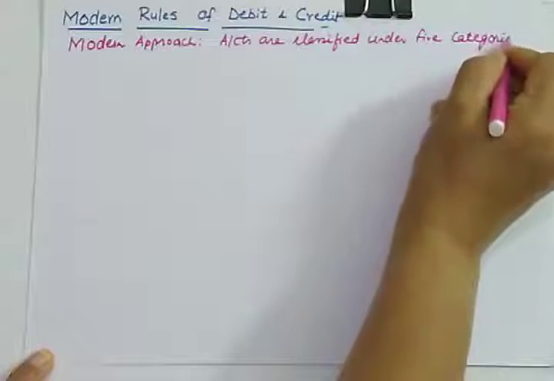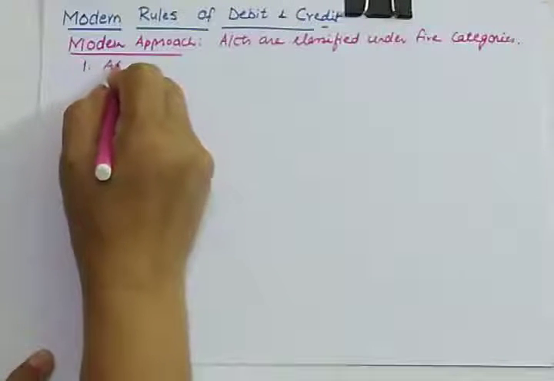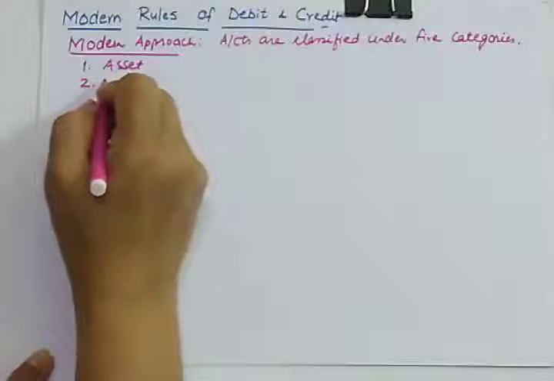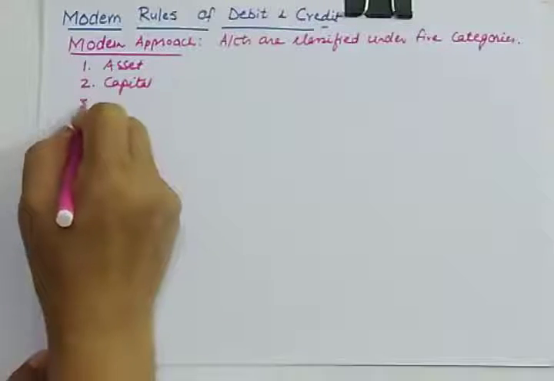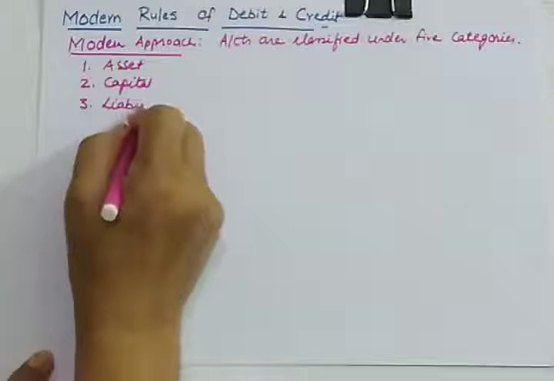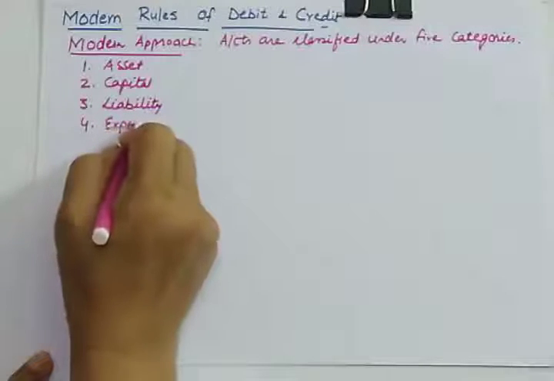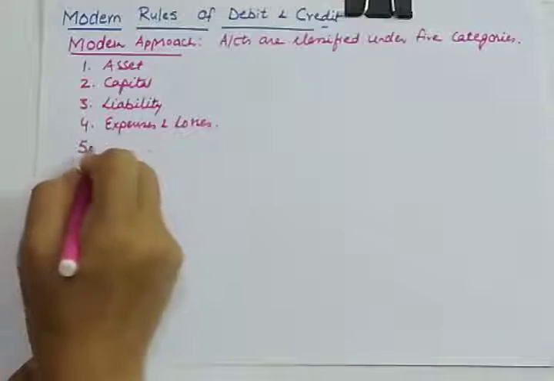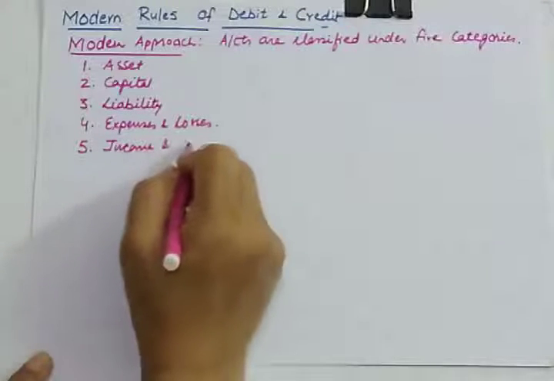So those 5 categories are: the first category is asset, then the second category will be capital, liability, the fourth one is expenses and losses, and the last category is income and revenues.